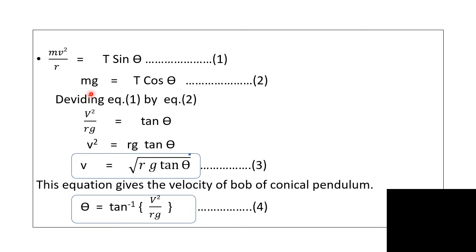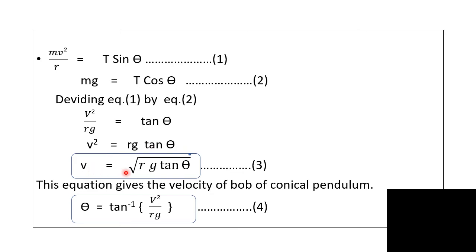And second, the weight of the bob is balanced by T cos theta. So mg equal to T cos theta. Dividing equation 1 by 2, we get v square upon rg equal to tan theta, or v square equal to rg tan theta.